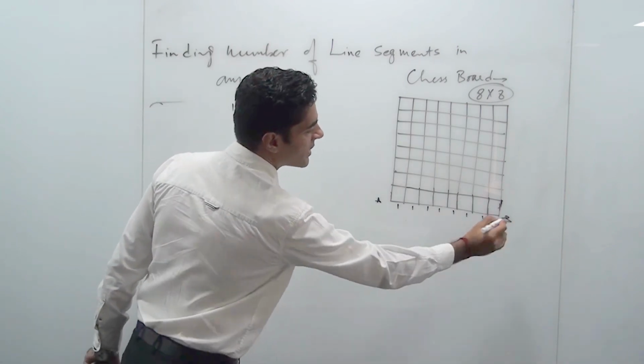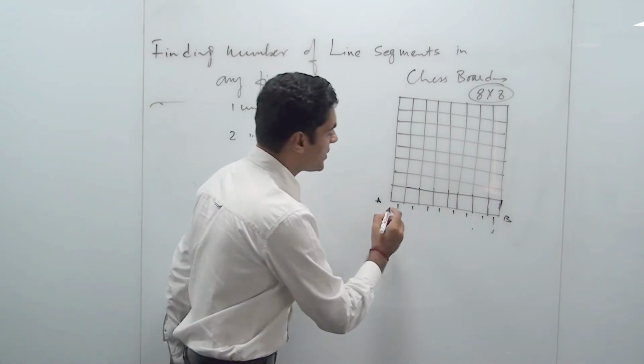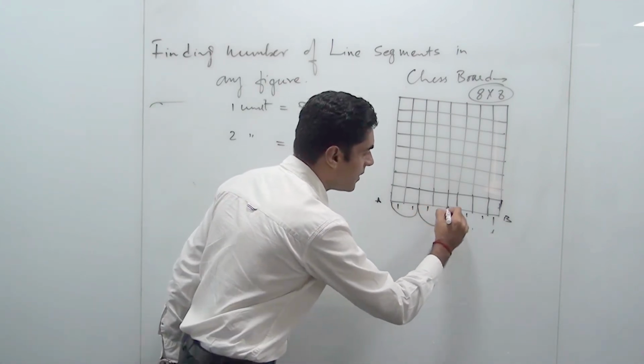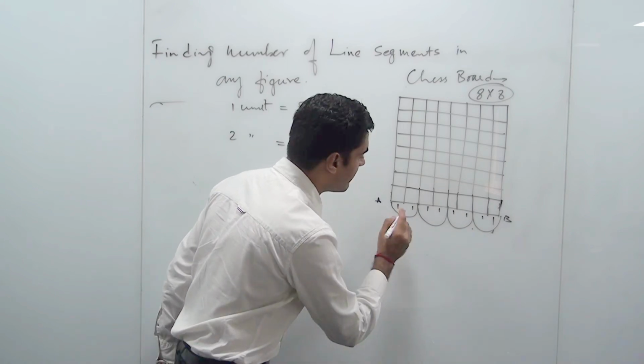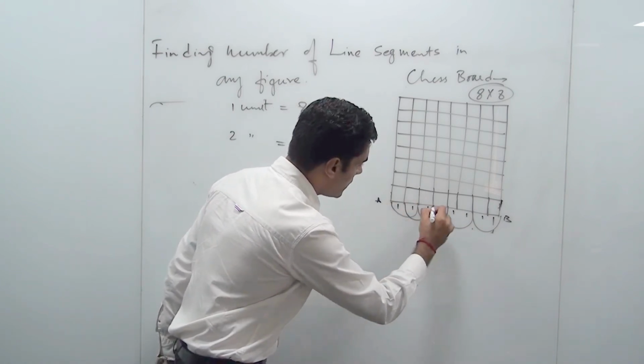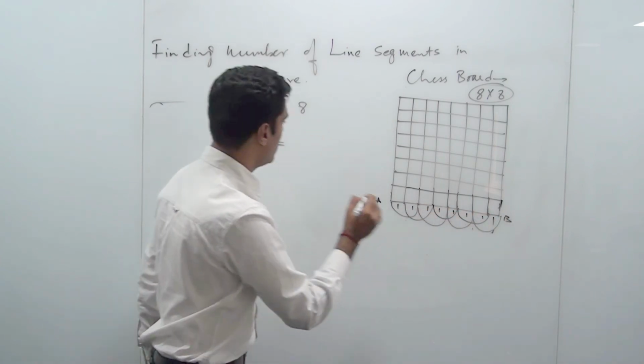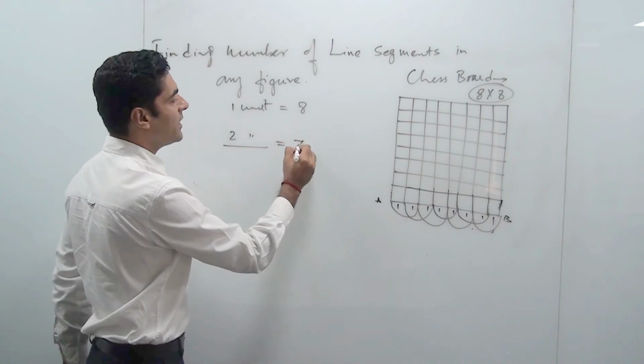Number of line segments of 2 units: please don't make the mistake of saying that there are 4 such line segments. There are 7, because the way you have to count it is 1, 2, 3, 4, 5, 6 and 7.